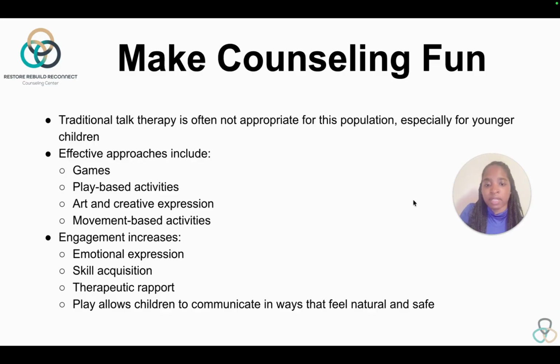I've found that my clients really enjoy this, and it's also a really good way to get them engaged. It helps with emotional expression, skill acquisition, building rapport, and it also allows the client to communicate in a way that feels safe and natural to them.